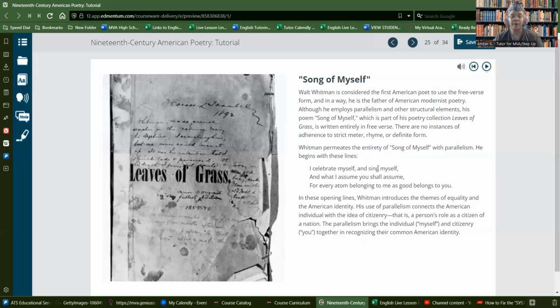So he's using that repetition to help you understand and bridge the idea that what he's saying applies to himself is something that also applies to you. The mimicking or repeating of those patterns within those lines makes it a little easier for you to understand that these things I'm saying about myself, I'm also giving them to you in this poem. These things also apply to you.